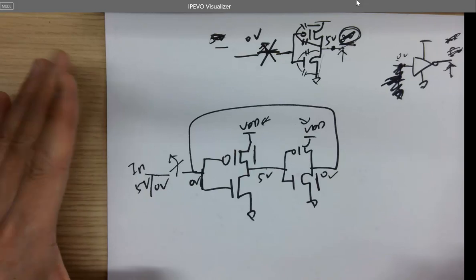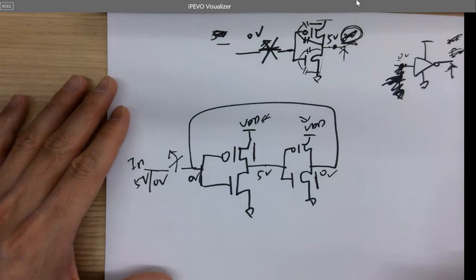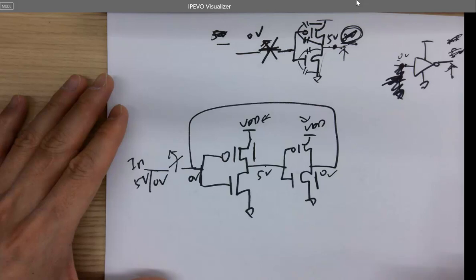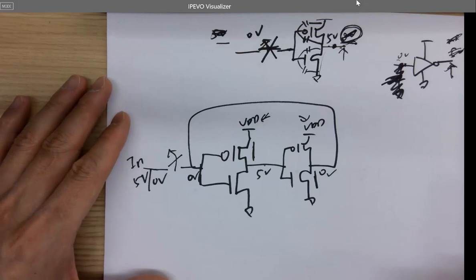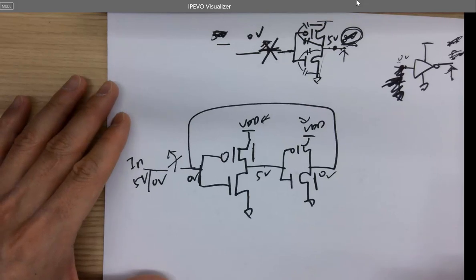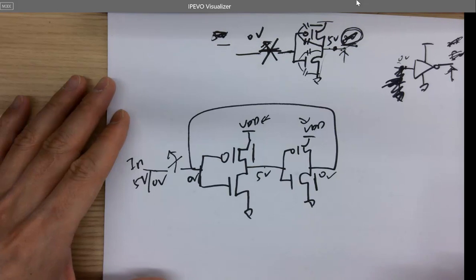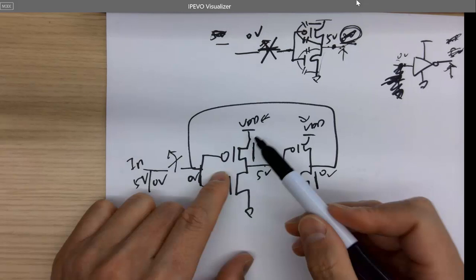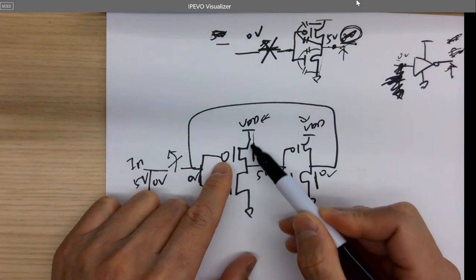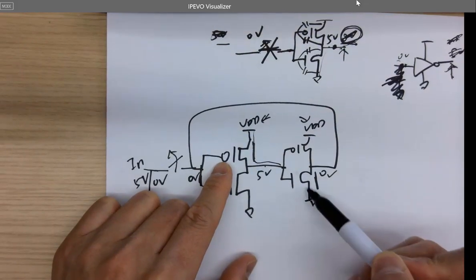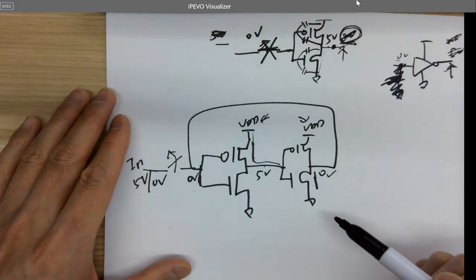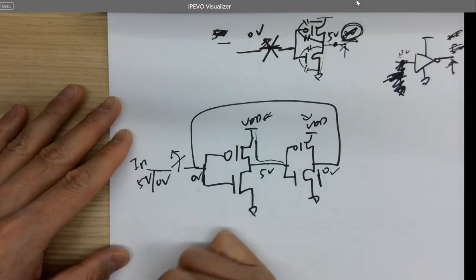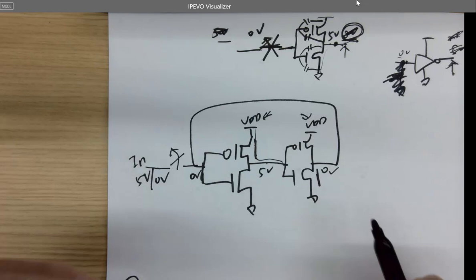Are they competing with each other? Why? This is a joke, right? We are looking at a channel here, but here is a gate. It's not a channel. So it's stable, it's a latch.